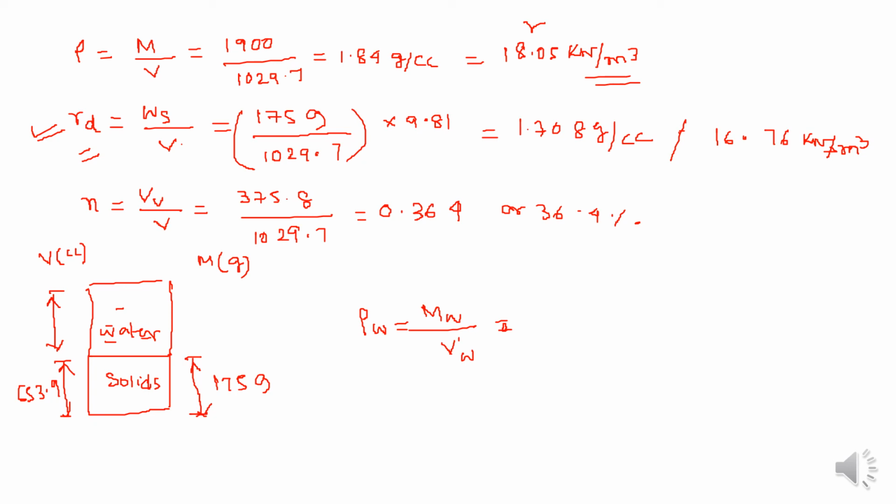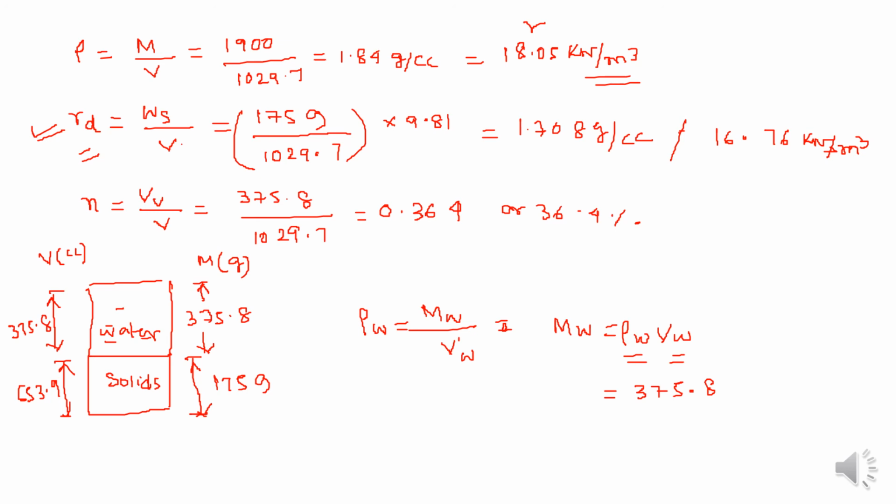The volume of the voids remains the same even if the soil gets saturated, as the water simply takes the place of the voids. So this is 375.8. So what is my mass of water? Simply mass of water is rho w into volume of water. Rho w is 1 gram per cc, volume of water is 375.8. So similarly the mass of the water also becomes 375.8. So we write it here, 375.8.